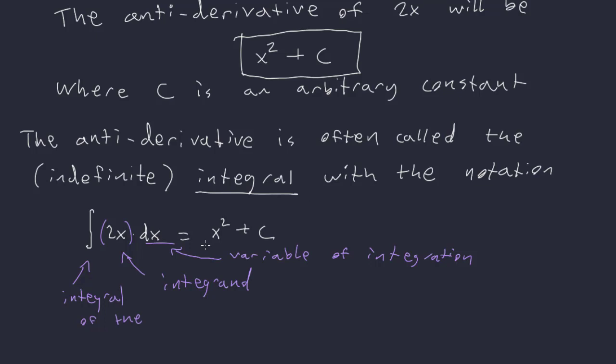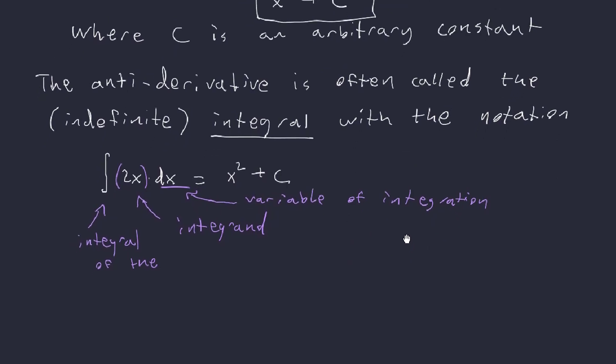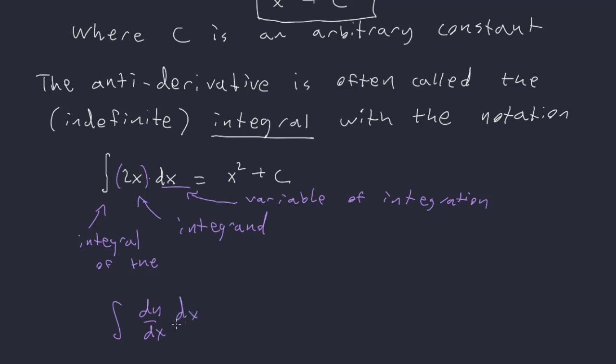It also gives you a sense of what an integral is doing. It is doing something opposite. If you think about what an integral does, if you have dy dx and you take the integral of it, you'll notice that these dx's kind of cancel each other out.